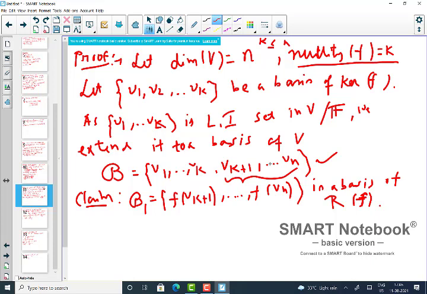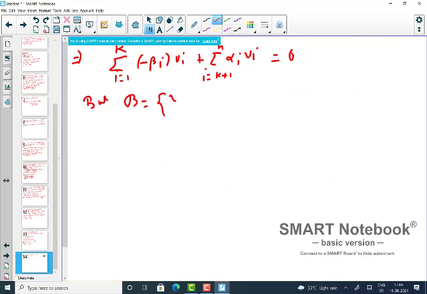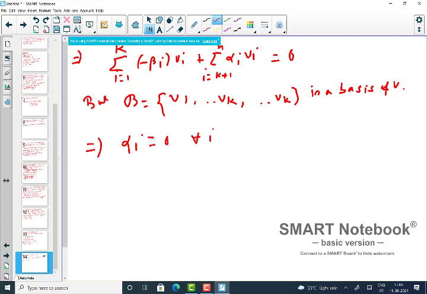So what does that mean? If you have a linear combination of linearly independent vectors equal to zero, that implies that all the coefficients are 0. So in particular alpha_i are 0 for all i equal to k plus 1 to n, right?